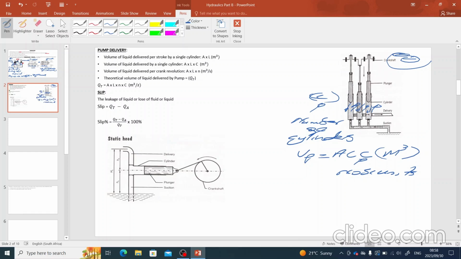Now, if they then want you to calculate the volume as per the crankshaft, meaning now you consider the rotational frequency, the speed at which the pump motor is rotating. The speed is denoted as N for rotational frequency.